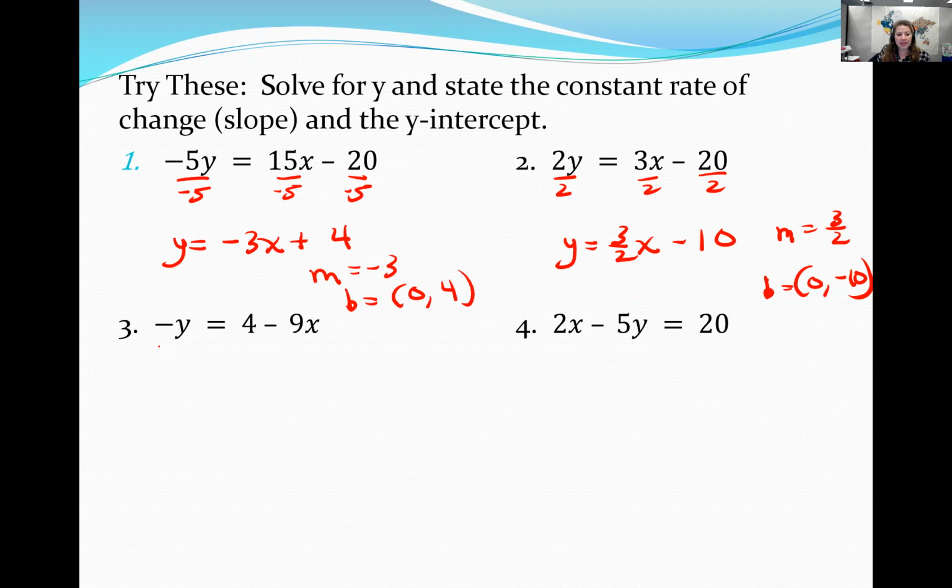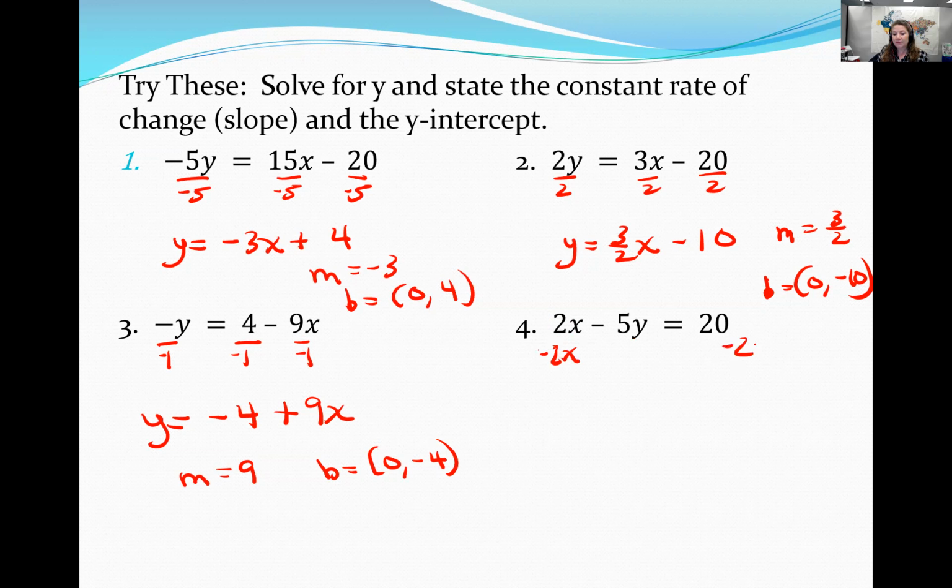Number 3, we want a positive y, so we're going to divide every single term by -1. So y equals -4 plus -9 divided by -1 is +9x. So our slope is 9 and our y-intercept is 0, -4. And then number 4, we're going to get rid of this positive term by subtracting 2x from both sides.